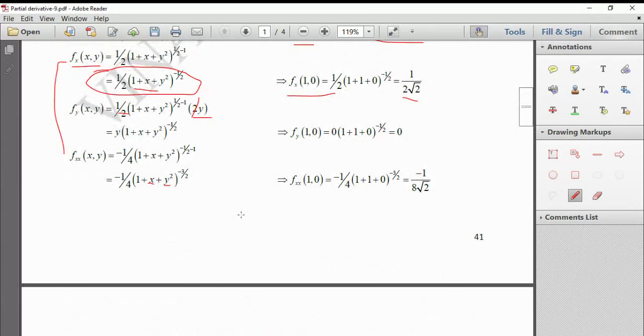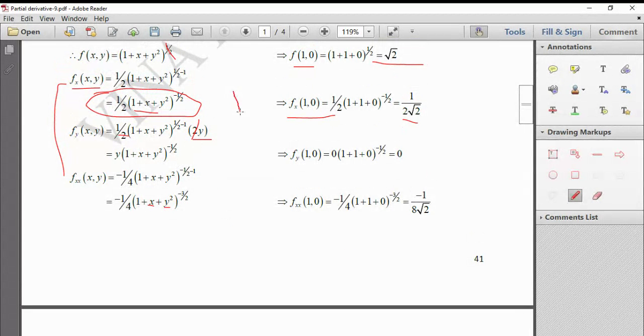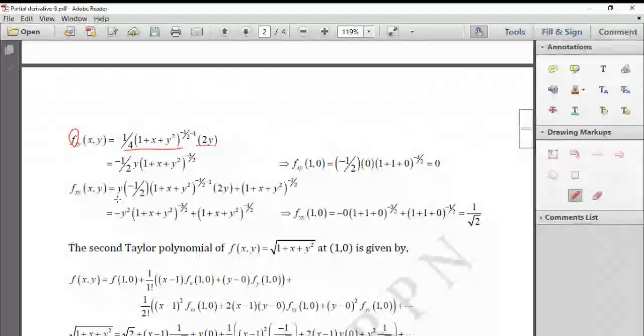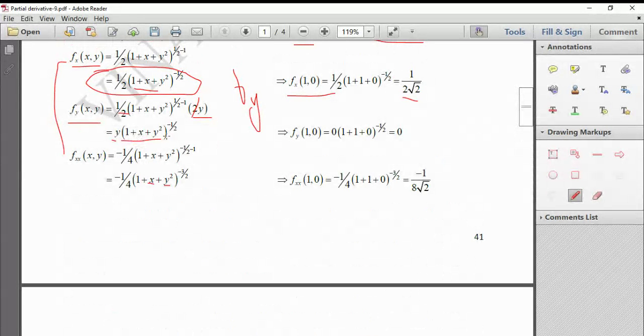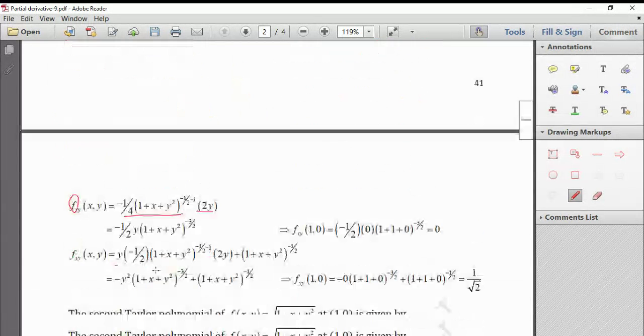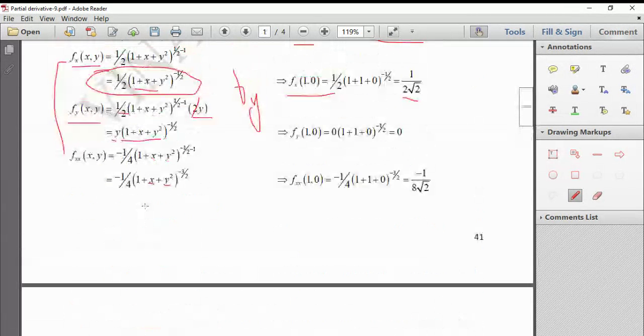Now we need fyy. Fyy means we need fy first. So already we have found fy. Differentiate this fy with respect to y. So if you differentiate, see here also y is there, here also y is there. So you have to apply the product rule. So keep y as it is. Now differentiate this. What is the derivative of this? Minus half into (1 plus x plus y square) whole to the power of minus half minus 1 into, forget this power, you'll get 1, derivative of 1 is 0, derivative of x is 0, derivative of y square is 2y.